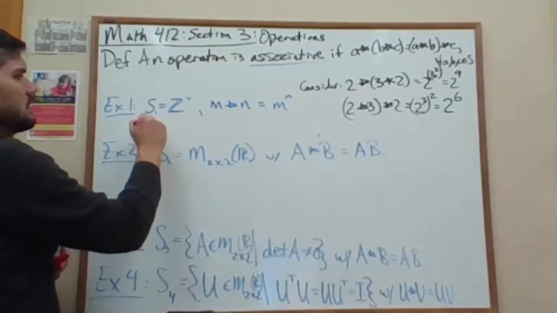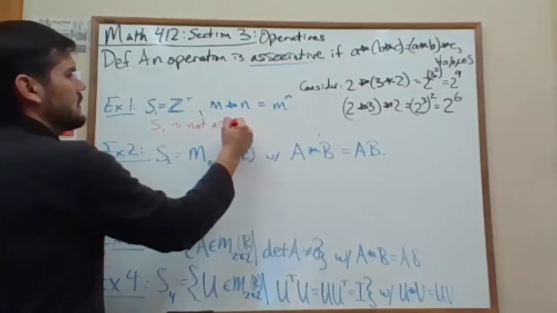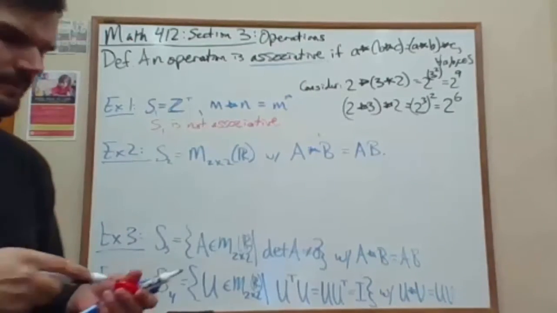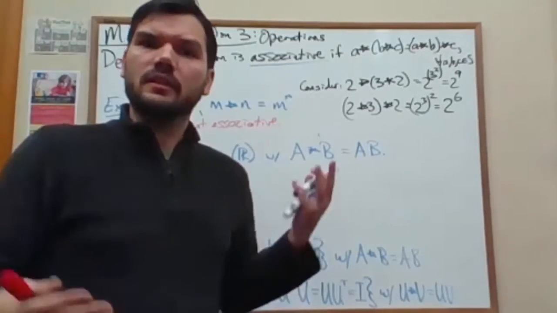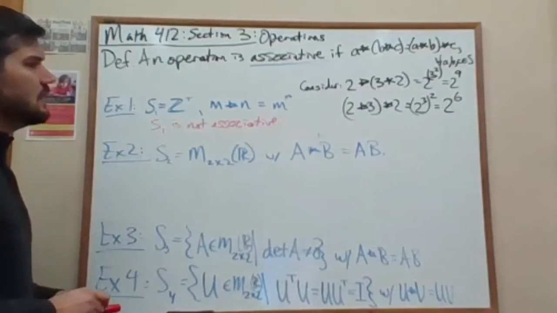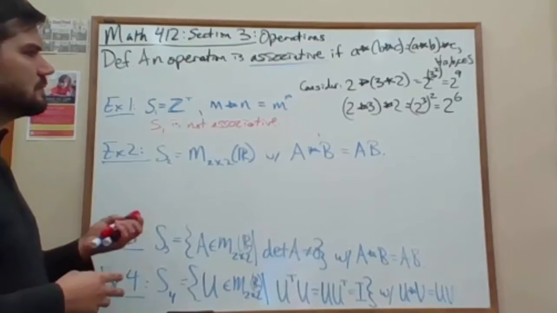So this first example, S1, is not associative. It's a nice set, but you're not able to reorder the pairings. What about matrix multiplication?